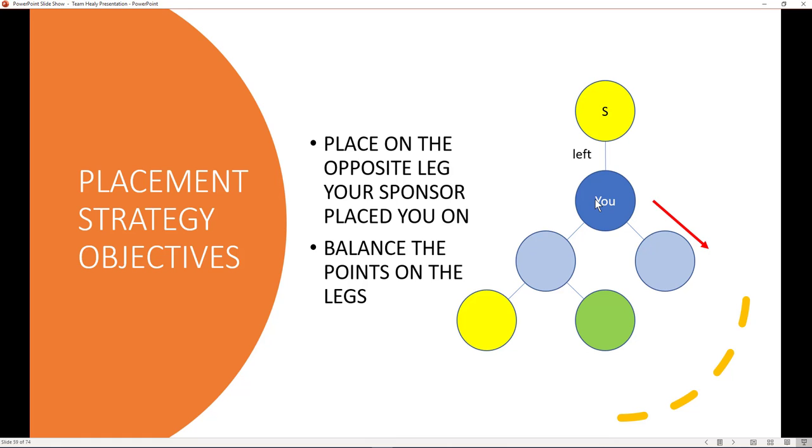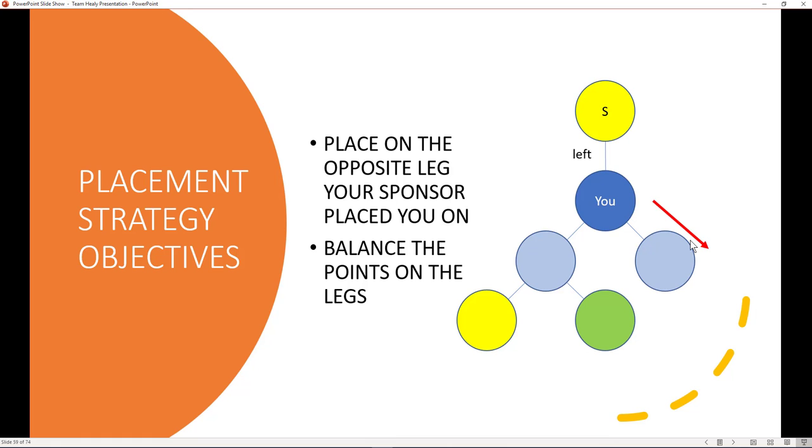One month it may be stronger on the right, another it may be stronger on the left, but you'll get the general trend and you'll get the feeling about whether you should place people left or right. So the default is put them on the leg that is opposite of the leg that your sponsor put you on, but override that with balancing the legs.